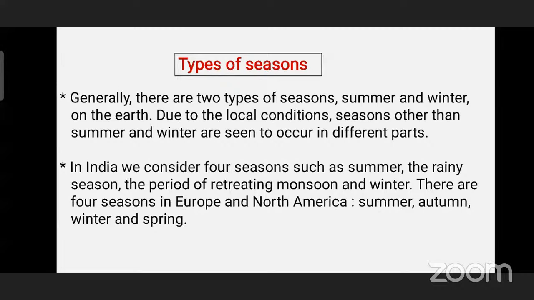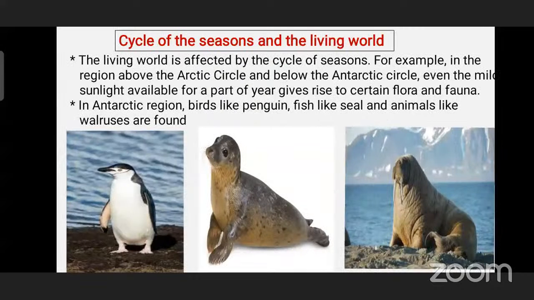So because of these seasons, the living world, the life of the people, animals, and vegetation also changes. Here we will see in the next slide what happens to the life of the people and animals. See here, the living world is affected by the cycle of seasons.